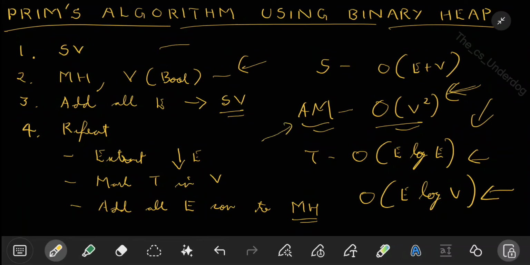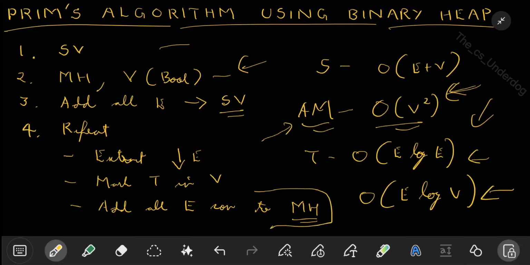But with an adjacency list, when you want to find all the edges connected to a vertex, you can simply go to the entry corresponding to that vertex and see the adjacency list, that is, all the entries in the linked list corresponding to that vertex. You will get all the neighbors. So in adjacency list representation, identifying all the neighbors will not take order of V time.